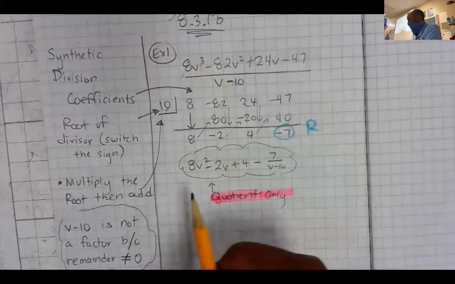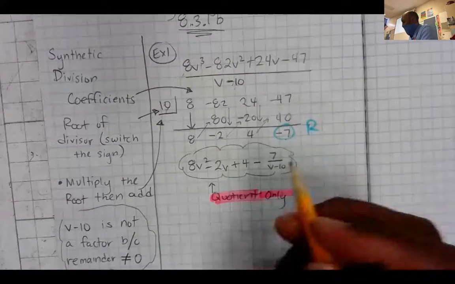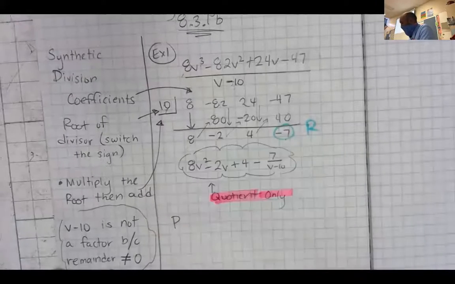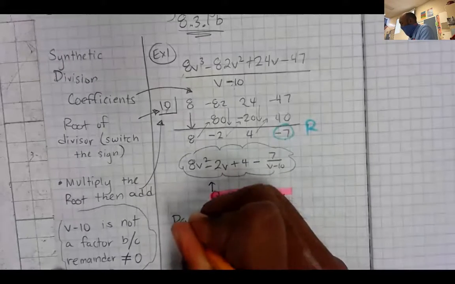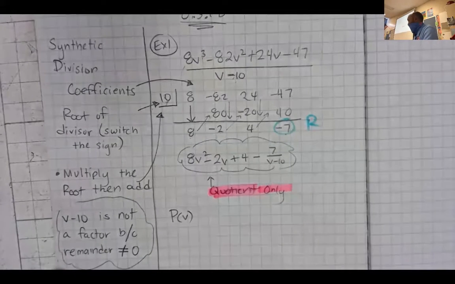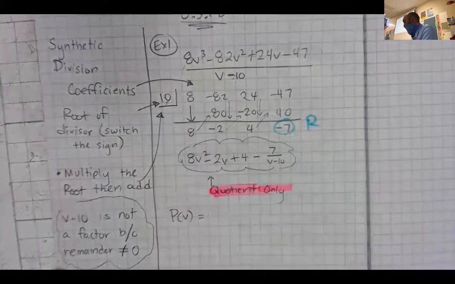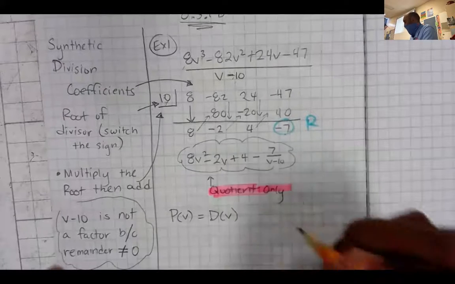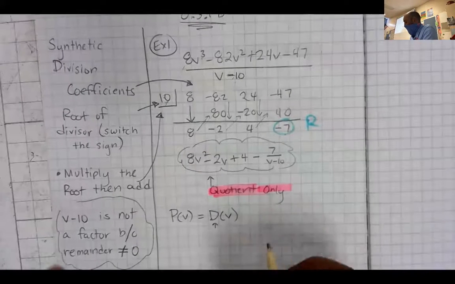But to write it in that form, let's say I got to come up with a letter here. I'll say P, just because it's polynomial, of V. So that's the name of the function, is equal to D of V. And remember, this just stands for the divisor.